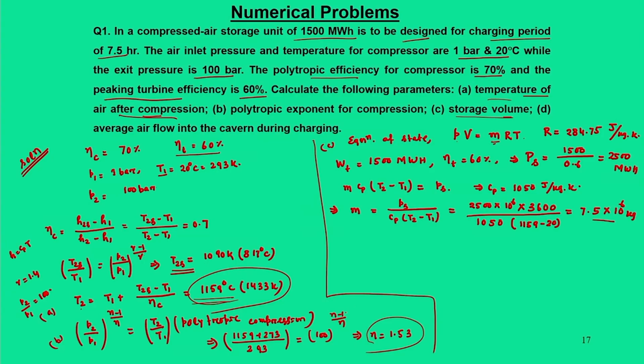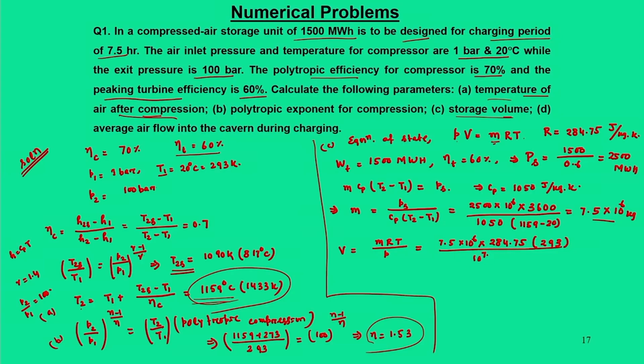Now, once you know this mass, we can say what the volume should be. Volume can be represented as mRT by P. So, that is equal to 7.5 into 10 to the power 6, R is 284.75, T stands as atmospheric air, that is 293, and P is equal to 100 bar, which is 10 to the power 7.